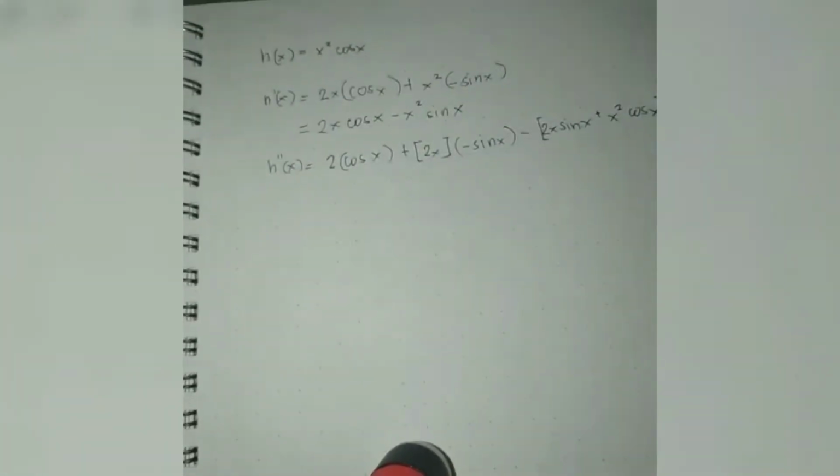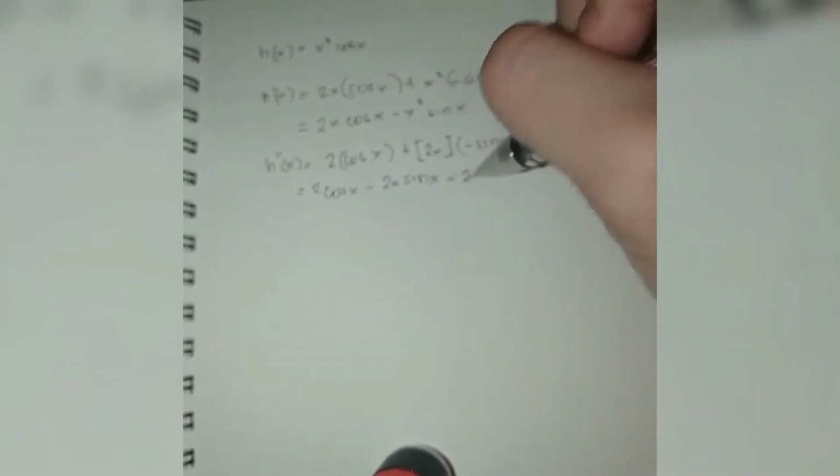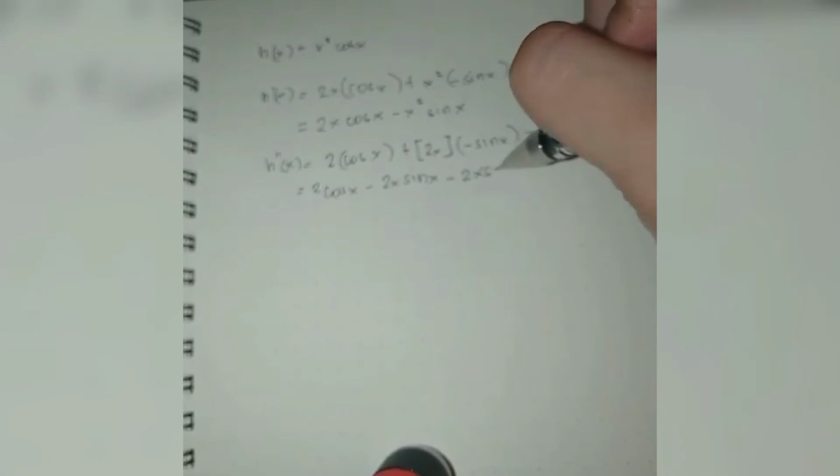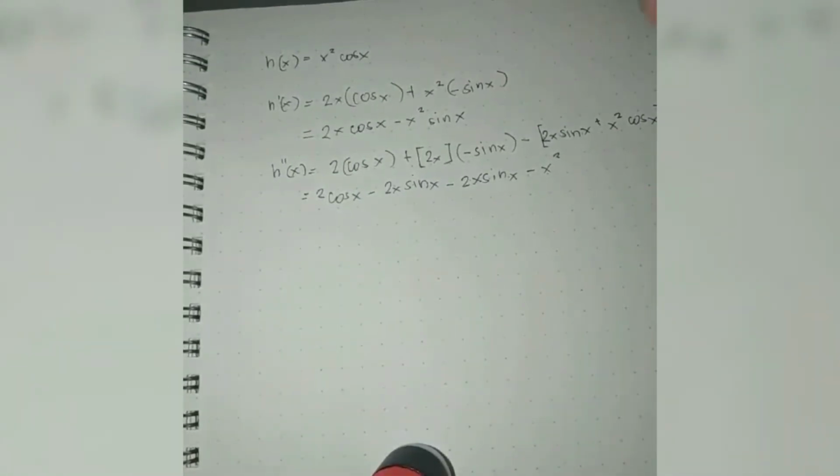And now we will rewrite everything. So this will be 2 cosine x minus 2x sine x minus 2x sine x minus x squared cosine x.